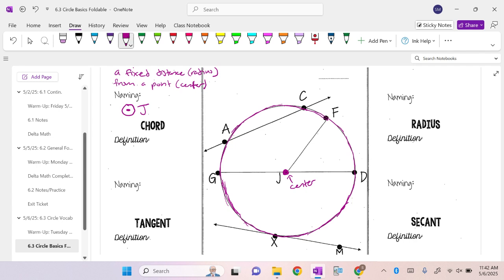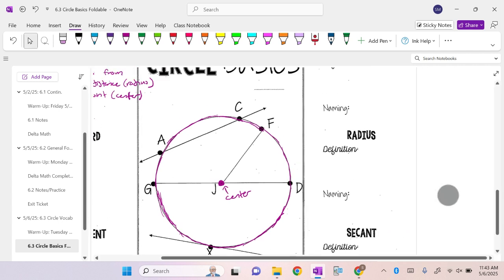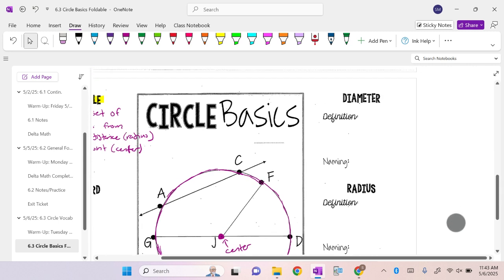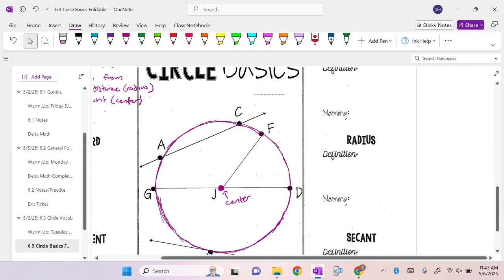Now, let's talk about the two segments in circles that you definitely already know. That being diameter and radius. All right. So let's start with radius.